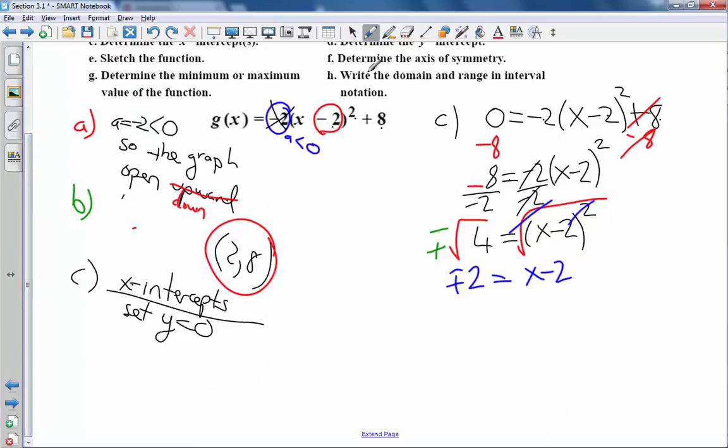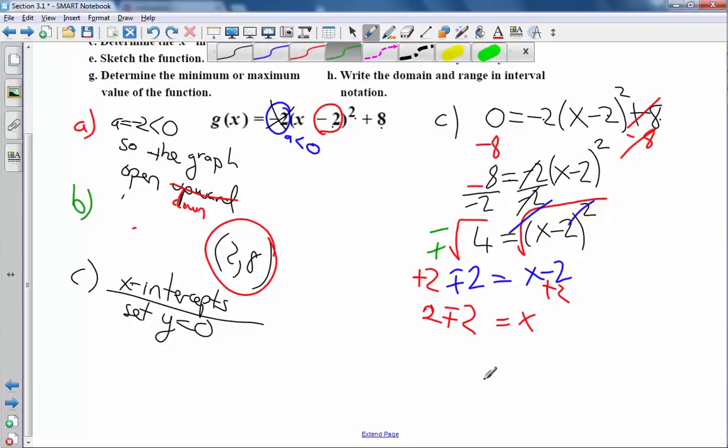Alright, we're almost there. Just to get x by itself, I need the final move, which is add 2, right? Now we have x as 2 plus minus 2. But I need to compute this. How do you compute this? 2 plus minus 2, what does that mean? You need to first take one option and compute x, and then take the other option.